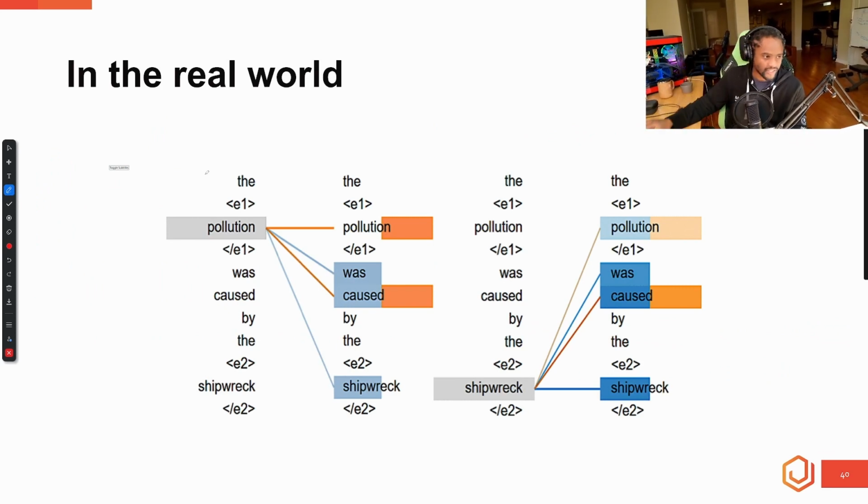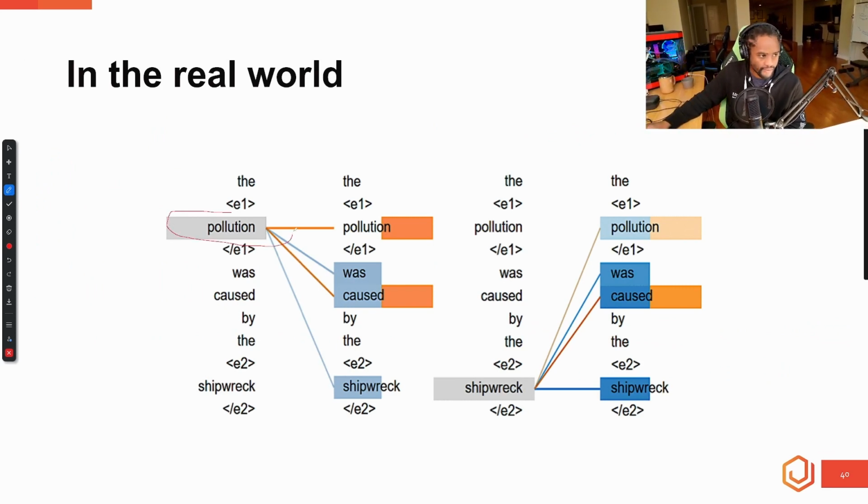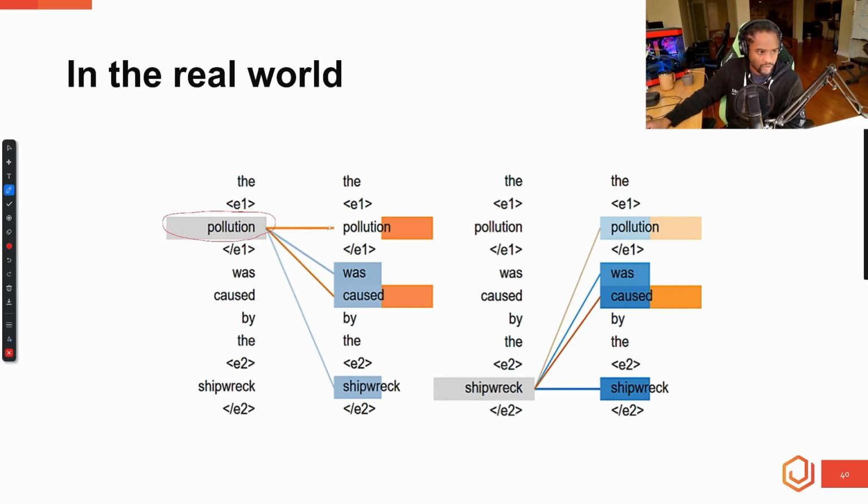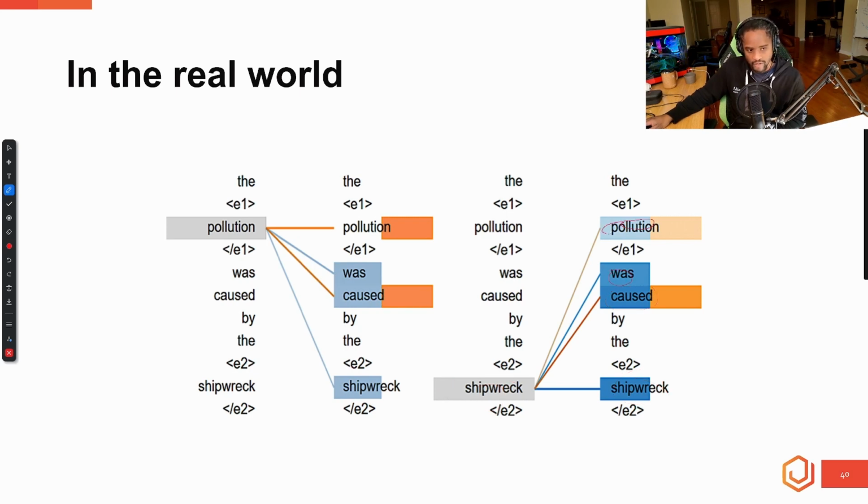Pollution should pay attention to the other words, was caused shipwreck. These other words should impact the representation for pollution in this context, contextual embeddings, more so than by and the. And shipwreck also should pay attention to these words more. So that's another way we capture attention.